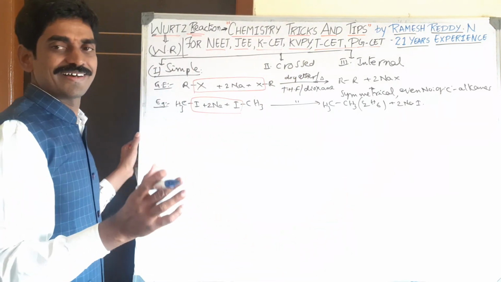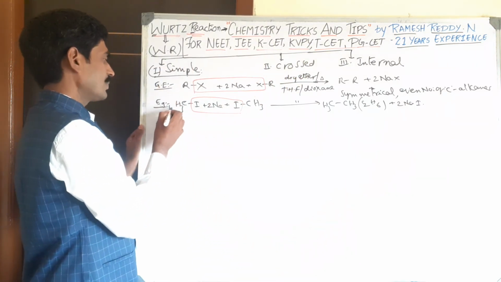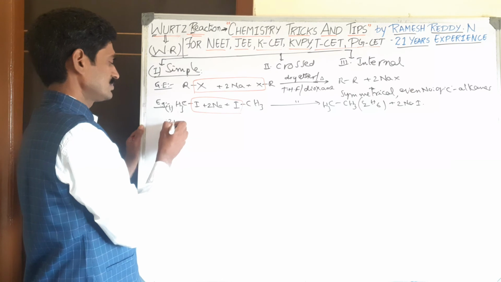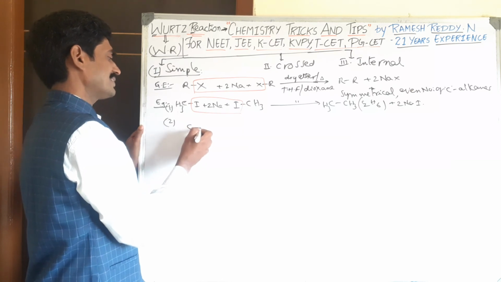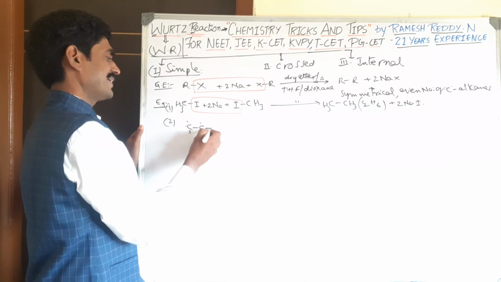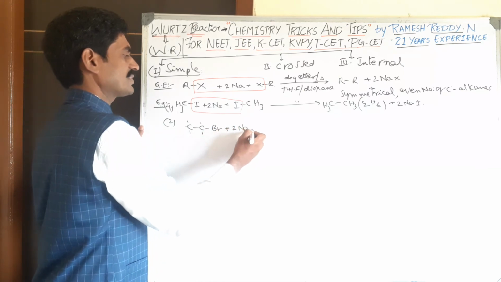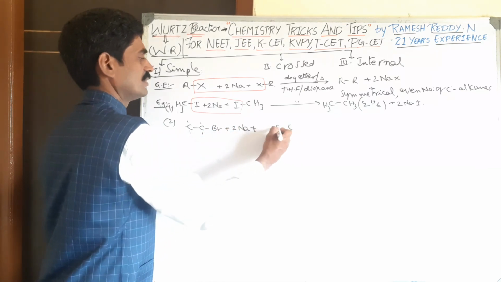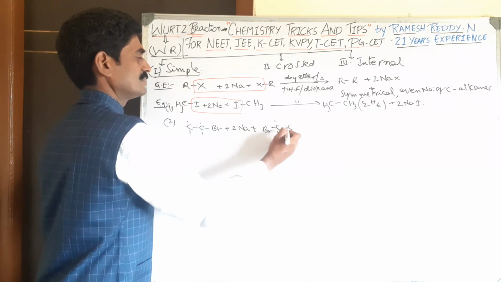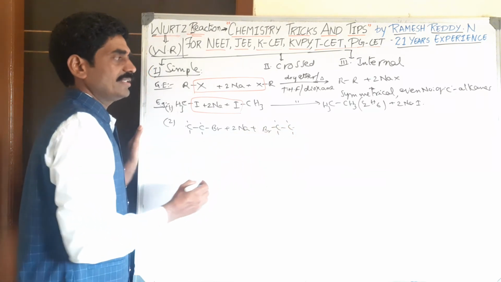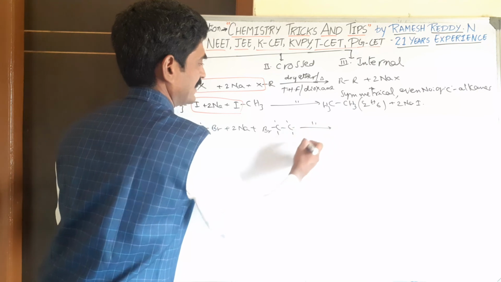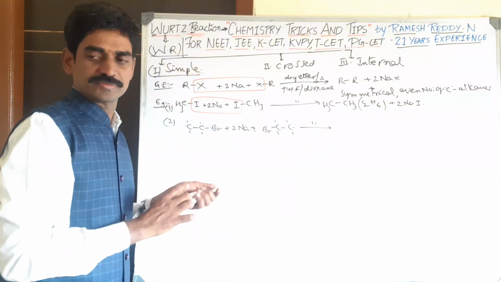Is it clear? Yes. We take one more example. For example, the ethyl group, CH3CH2Br, ethyl bromide. 2 moles of ethyl bromide react with sodium metal in the presence of dry ether as a solvent.